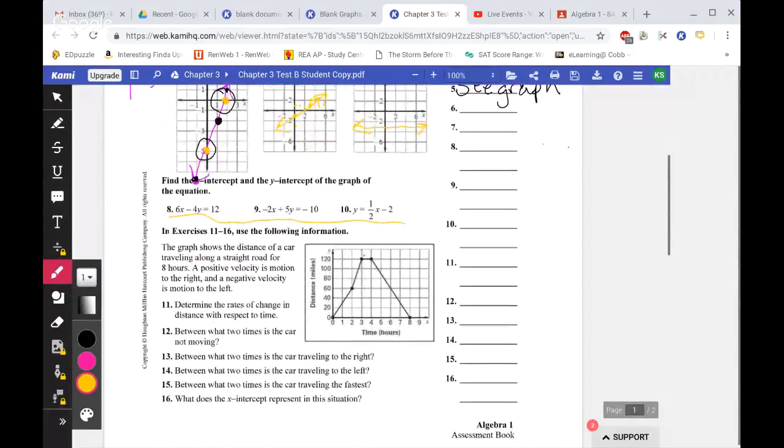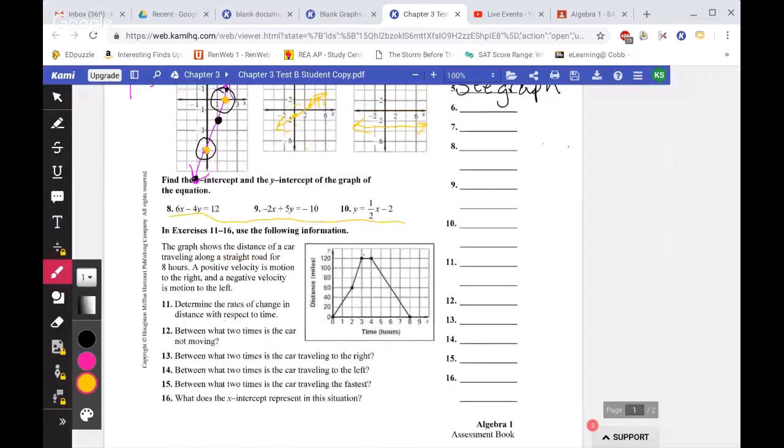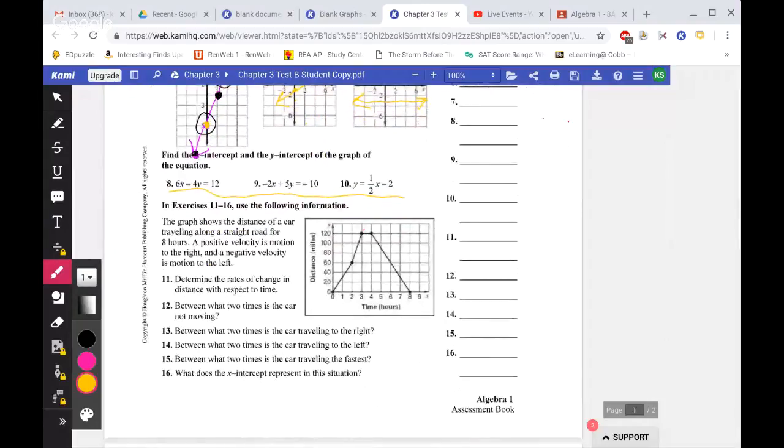Okay. I know we went through this in Math Lab the other day, but I did get a lot of emails again to go over numbers 11 through 16, and in particular number 11. Determine the rates of change in distance with respect to time, using the graph to the right, which shows the distance of a car traveling along a straight road for 8 hours.